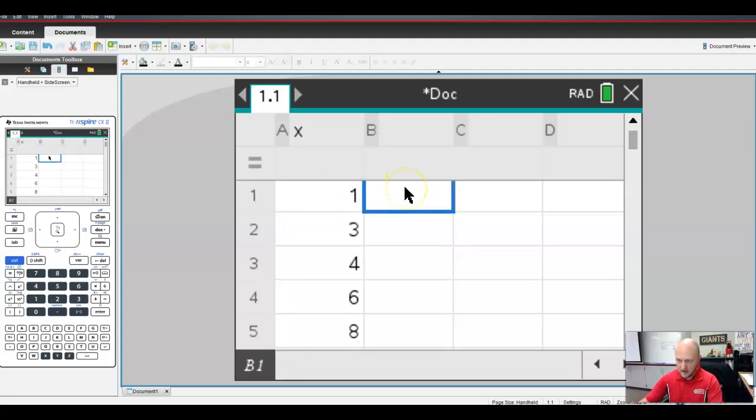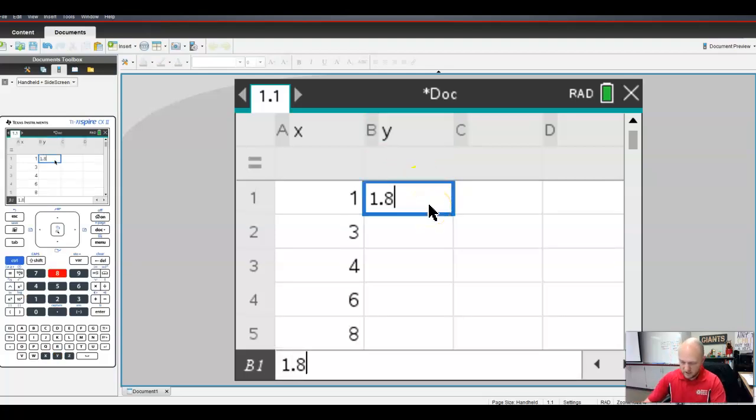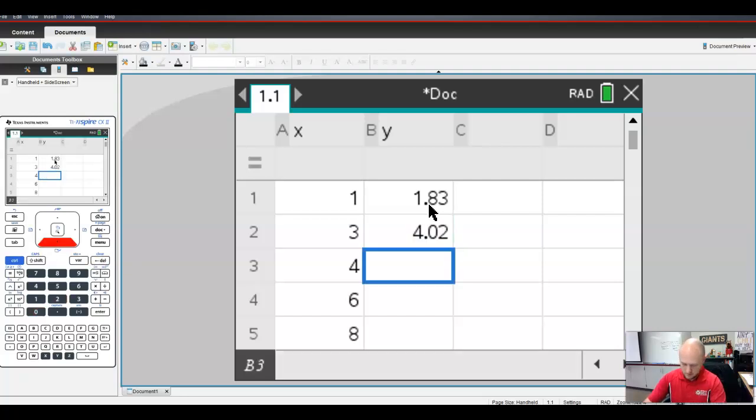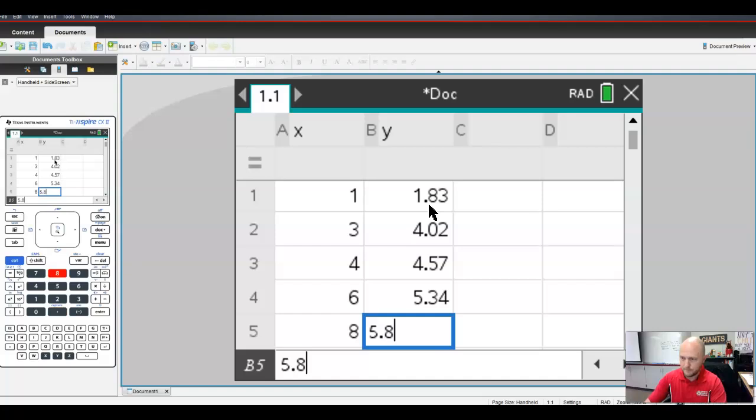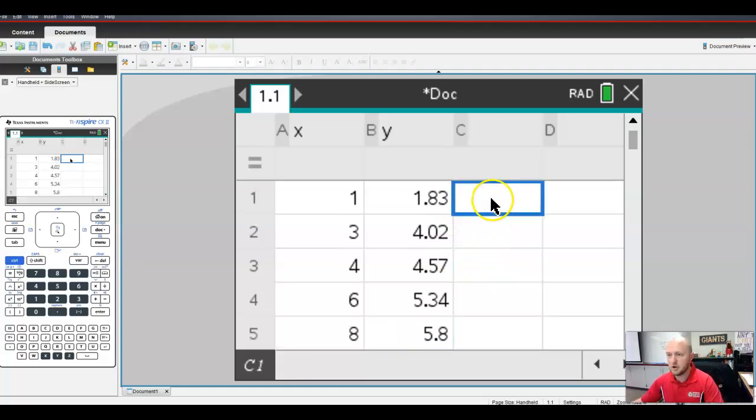And my output values I'll call Y, and we get 1.83, 4.02, 4.57, 5.34, 5.8.